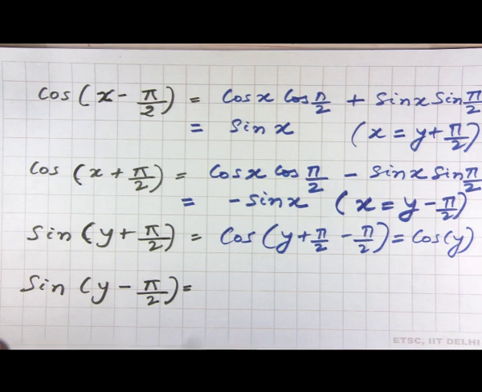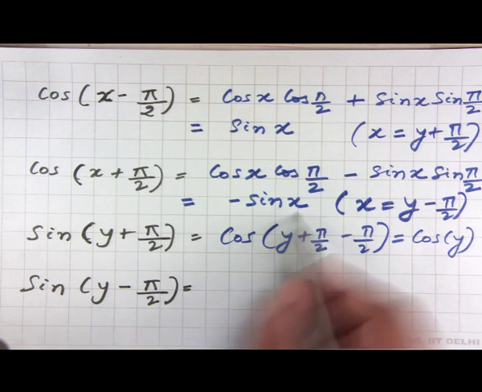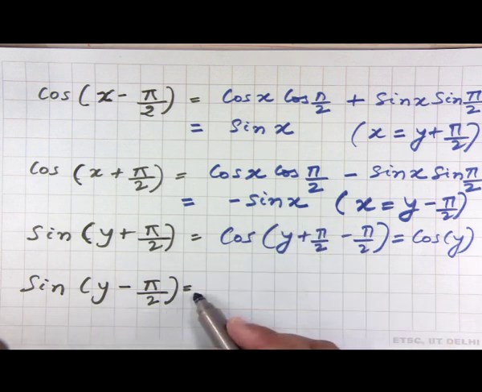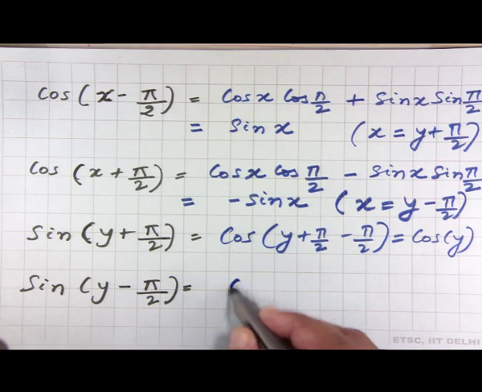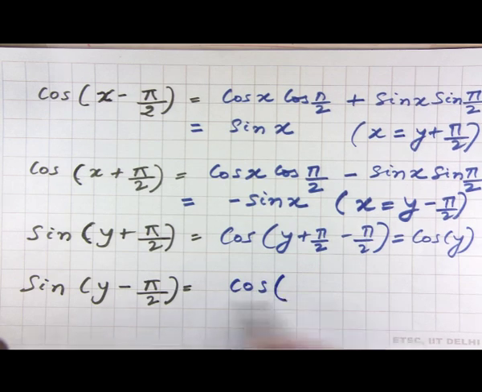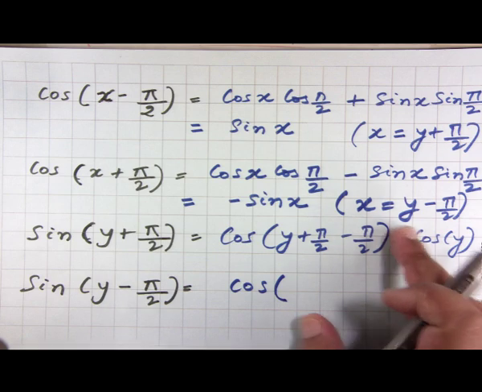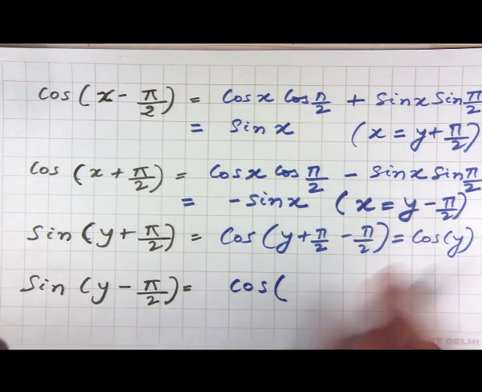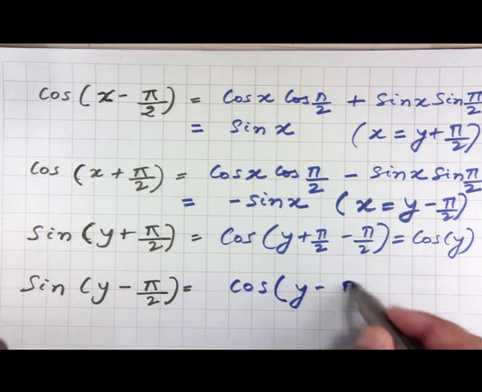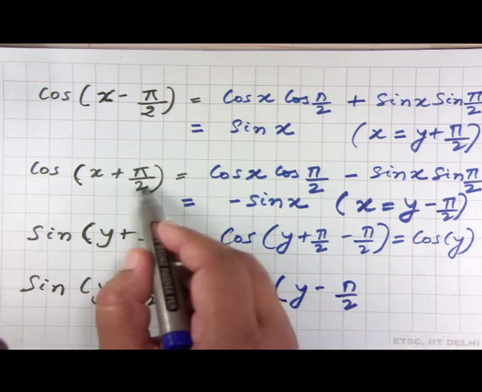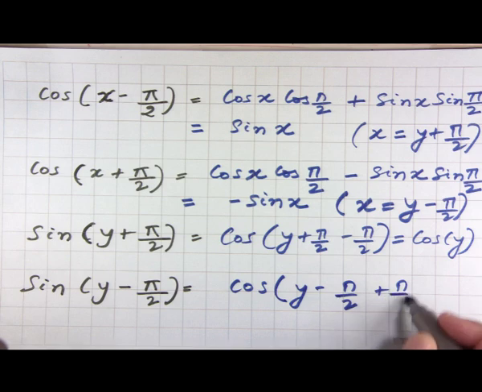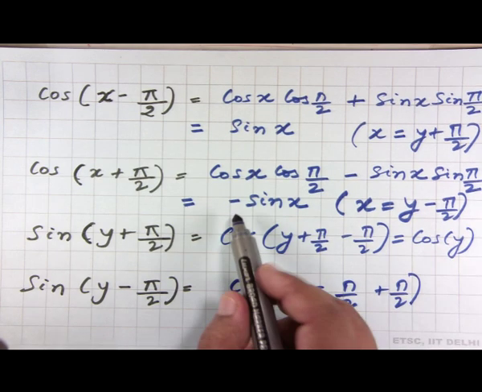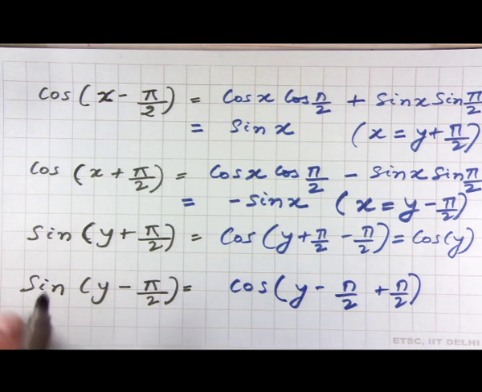So, what we get then is that minus of sin y minus pi by 2 is equal to cos. Now, instead of x we have to put y minus pi by 2. So, we get, and there is a plus pi by 2 here, but there is a minus sign here, and since we do not have a minus sign here, we need to put a minus sign over here.